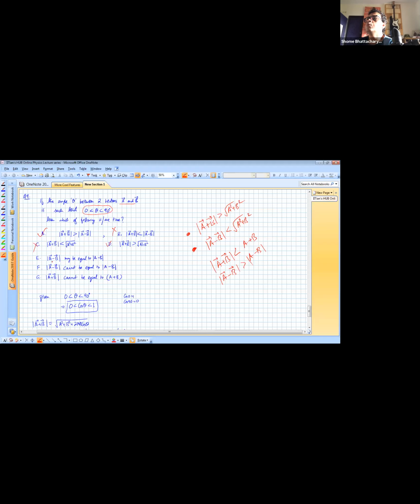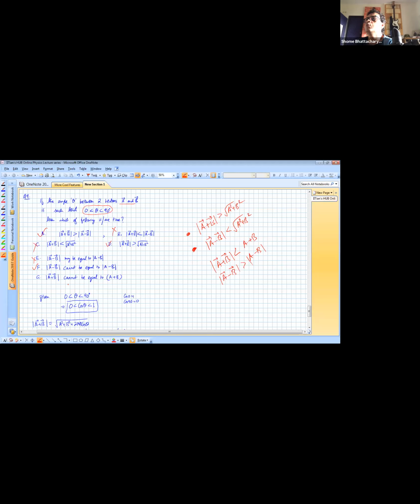Then this is saying that mod of a minus b may be equal to the difference of magnitudes, but for that to happen, the angle has to be what? When is the difference of a minus b vector equal to the difference of the magnitudes? For this, the condition is theta has to be 0. But here theta is not 0, right? Theta is always greater than 0. So that's why we have this condition, that this always has to be greater than the difference of magnitudes. It cannot be equal to. So that means this option is becoming wrong.